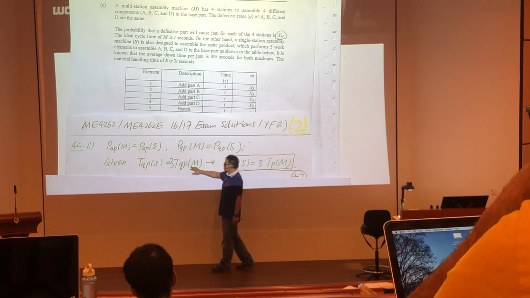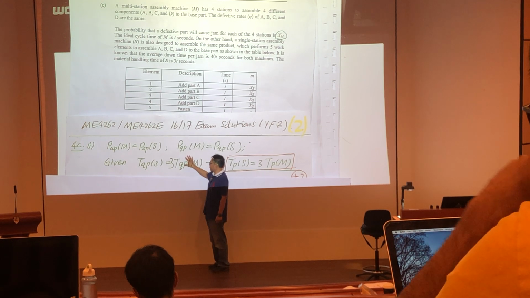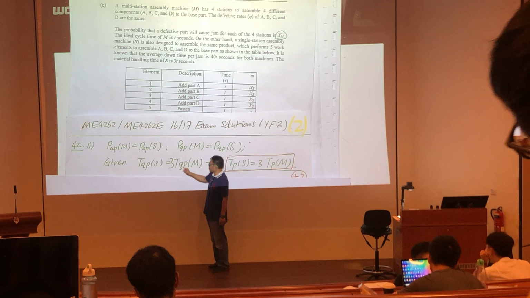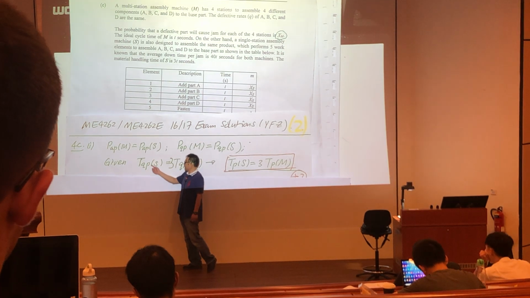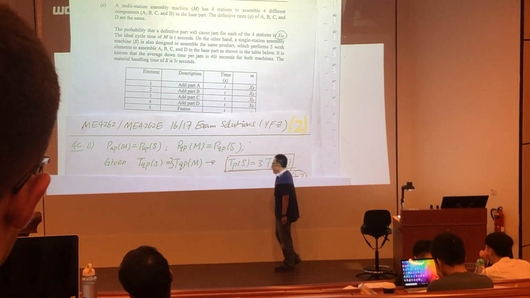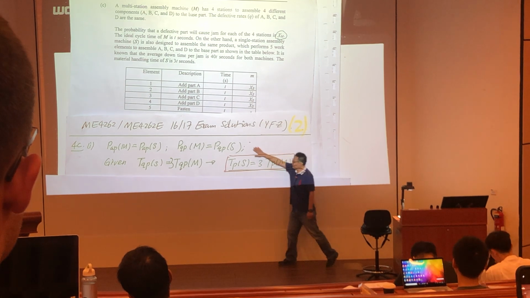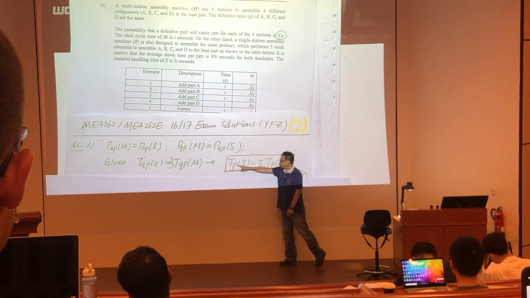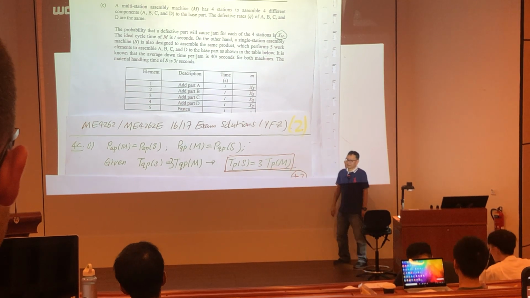And we know that the production rate for batch assembly for multi-station is 3 times that of the single station, meaning that the time to produce a batch assembly for the single station is 3 times this. Okay, and from that, because these two are the same, we find TPS equals 3 times TPM. Okay.